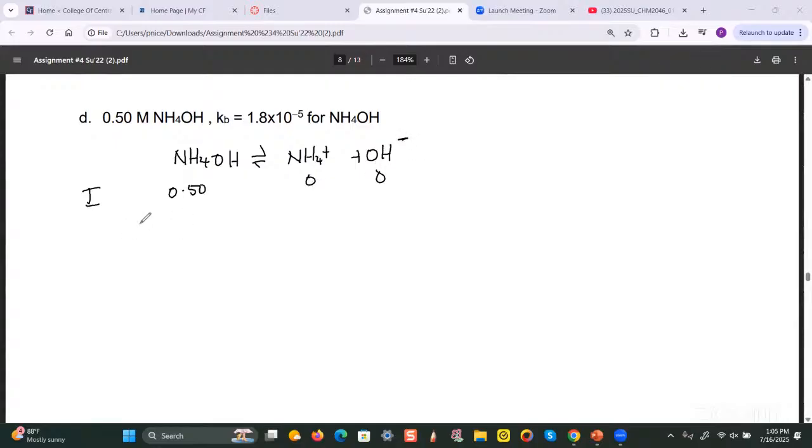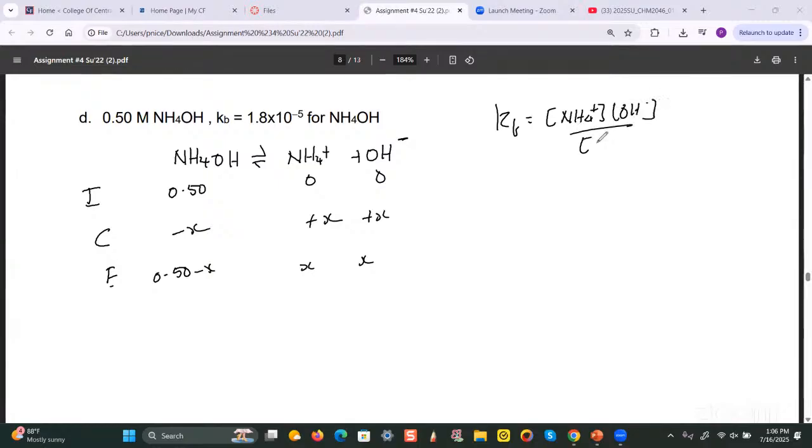The change here would be minus X, plus X, plus X. At equilibrium, you're going to have 0.50 minus X, and X here. Kb would be equal to the concentration of NH4 plus times the concentration of OH minus divided by the concentration of NH4OH, which would be equal to X squared over 0.50 minus X.